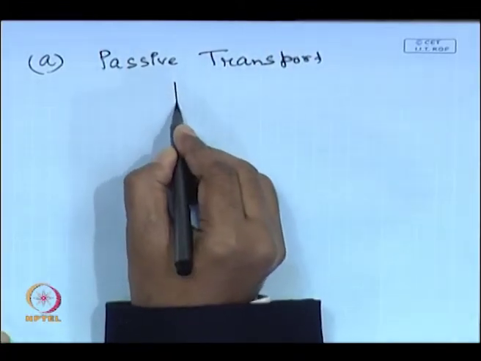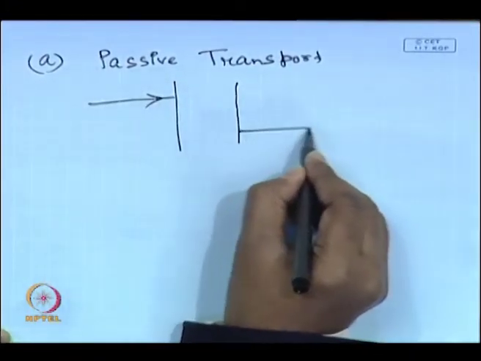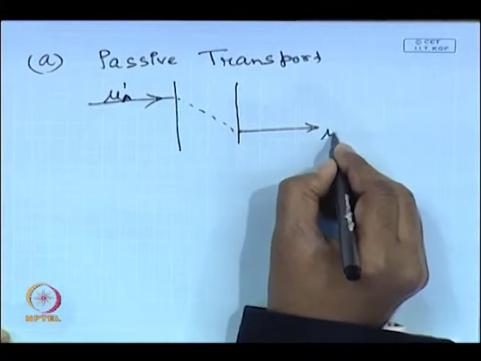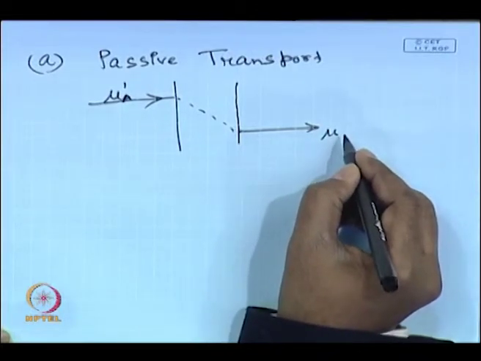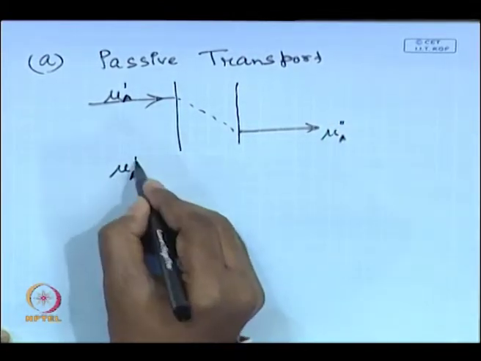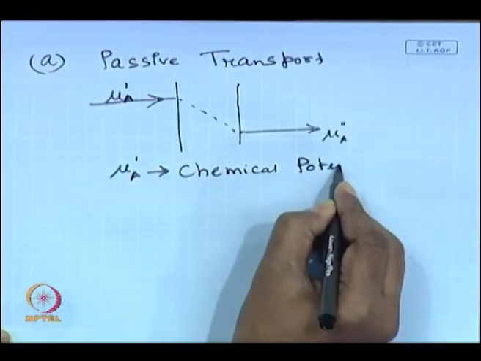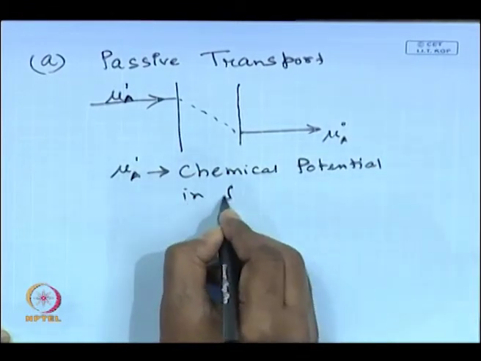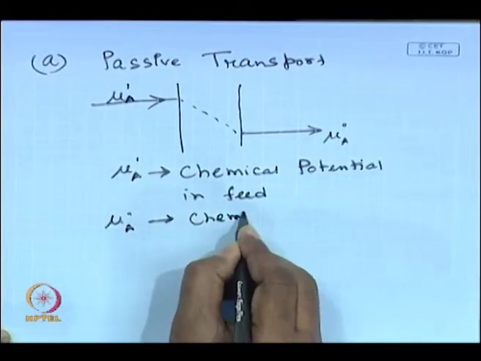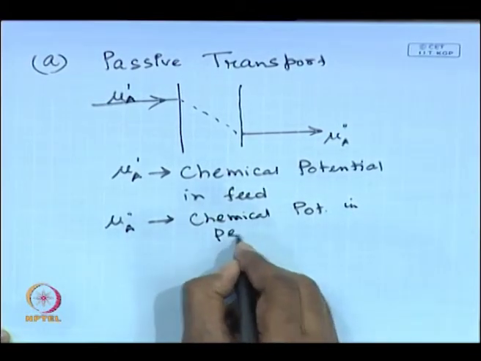In passive transport, the solute is transported through the membrane phase by the gradient of chemical potential, where mu a prime is the chemical potential in the feed stream, and mu a double prime is the chemical potential in the permeate side or downstream.